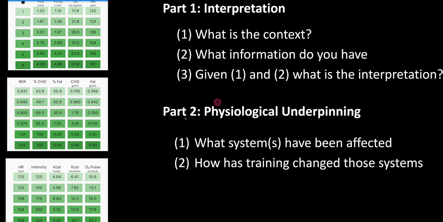Physiological underpinnings: what systems have been affected? Well, this is all the stuff that we spoke about in terms of what systems relate to VO2 max, and part 2, what changes those systems. So we know that his max is determined by his stroke volume, which in turn is determined by his heart size and his compliance and his blood pressure.